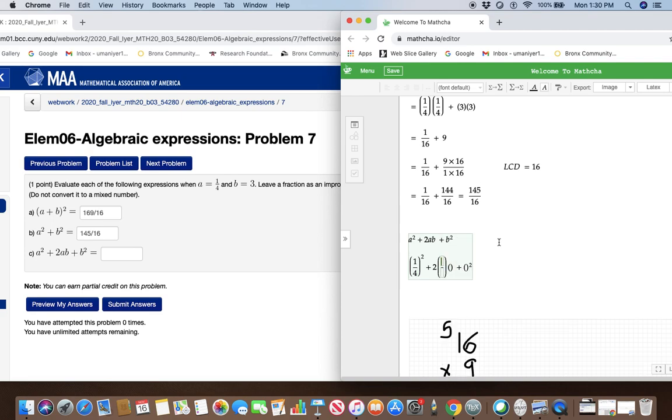A gets 1/4 and B gets 3. Okay, so notice exponent, addition, multiplication, exponent. Exponent takes precedence. 1/4 times 1/4. We just saw it is 1/16.